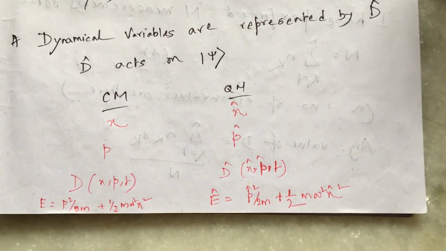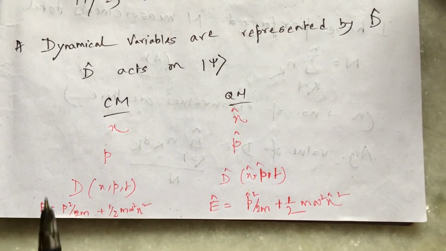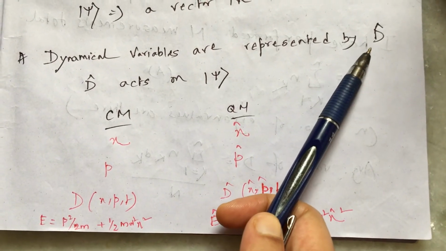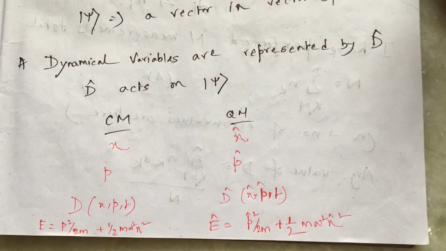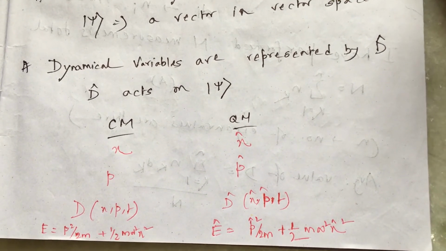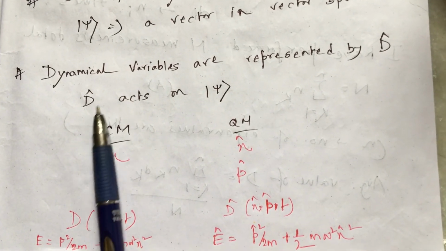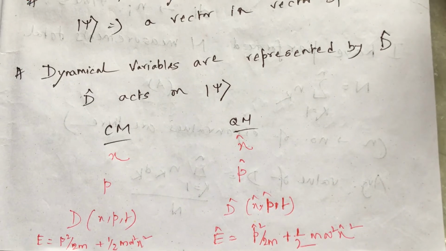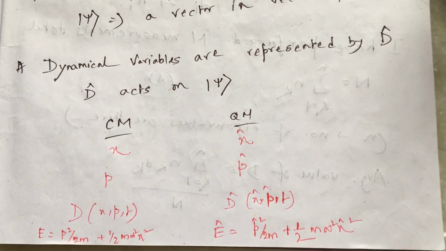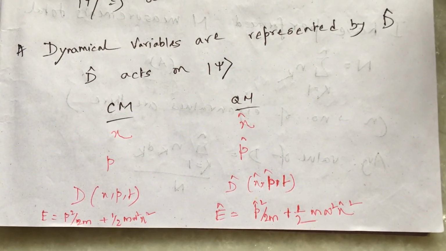So let me compare the variables in classical and quantum mechanics. In quantum mechanics, a dynamical variable is represented by this D operator. We have just discussed operators. Operators are denoted by this hat sign. In quantum mechanics, this D operator will act on the state vector and give me the value of this variable.